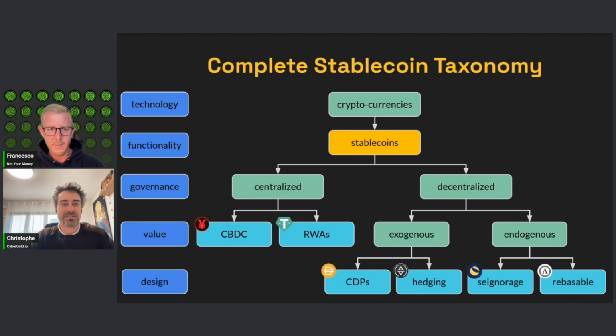Yes, you're right. All of these examples, whatever the mechanism, are pegged to USD, for example. But there are also some stablecoins pegged to commodities such as gold, creating new use cases if you want to protect against, for example, inflation of USD. You also have some stablecoins pegged to other national currencies.